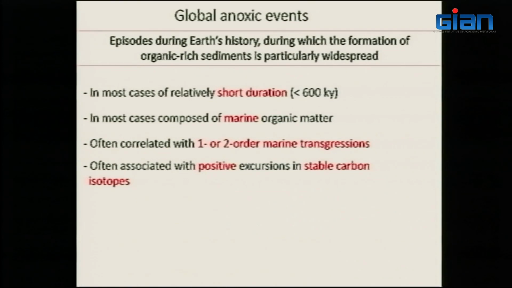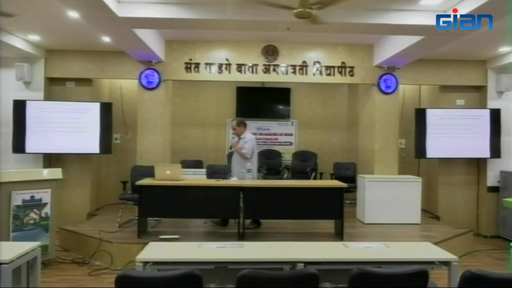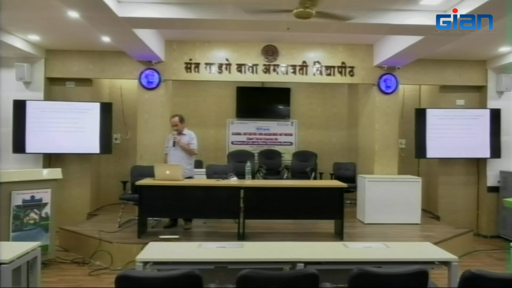The second point: they are often associated with positive excursions in stable carbon isotopes. It's very easy to understand. If you increase the productivity, it means that you will increase the consumption of the isotope 12 by the organisms, which preferentially take it up. So in the ratio, you will increase the delta C13. So generally, you will see that a lot of these increasing productivity events are linked to positive carbon excursions.